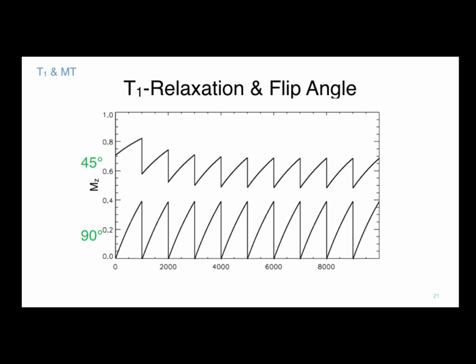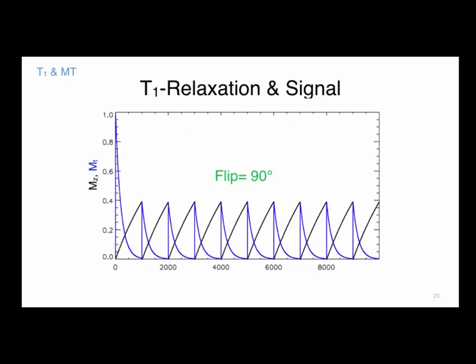So you partly can combat it by not using a 90-degree pulse, but say using a shorter pulse that doesn't really tip the entire Z magnetization away, but only part of it. The advantage there is, of course, that you keep more of the Z magnetization available, so at the time of the next pulse the Z magnetization is further recovered. But of course the downside is that your signal is equivalently lower.